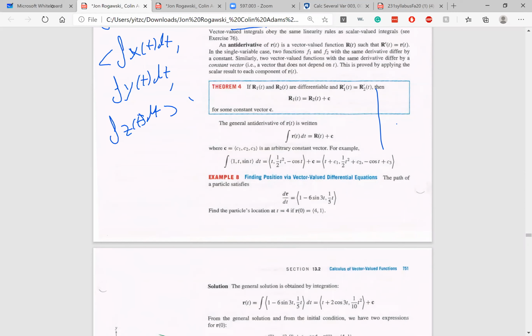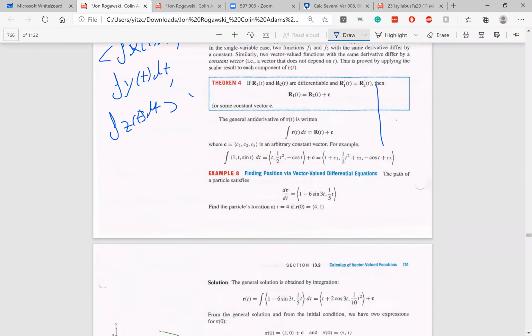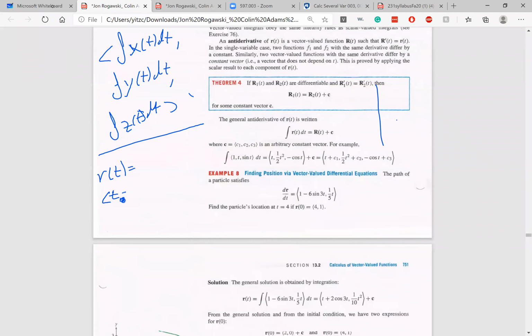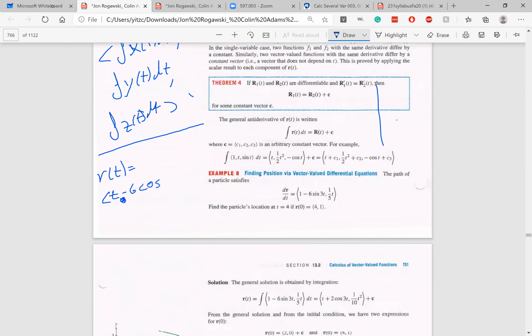What they want us to do is first take the antiderivative of each one of these components. So r of t is going to be, if this is dr/dt, the 1 in the first component is going to turn into t, and then you're going to get negative 6 cosine of 3t.